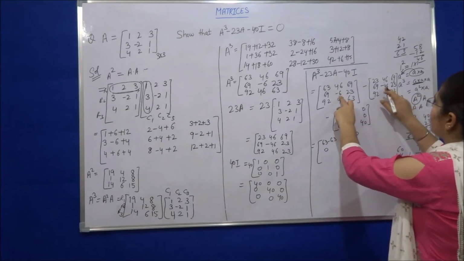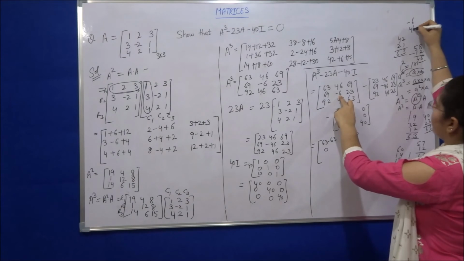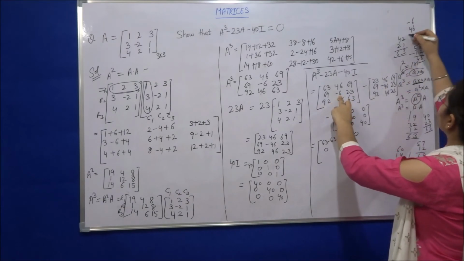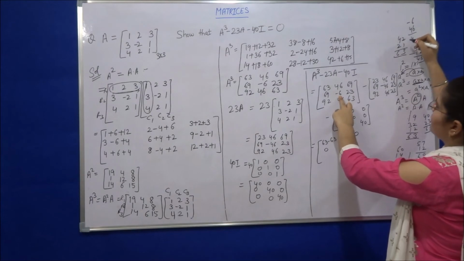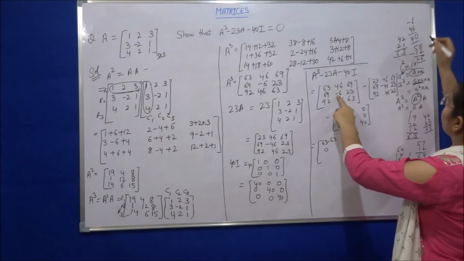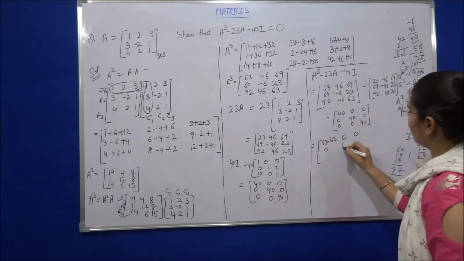Minus 6 plus 46 minus 40. This will give you minus 6 plus 46, that will be 40. With positive sign 40, 40 minus 40, again 0.